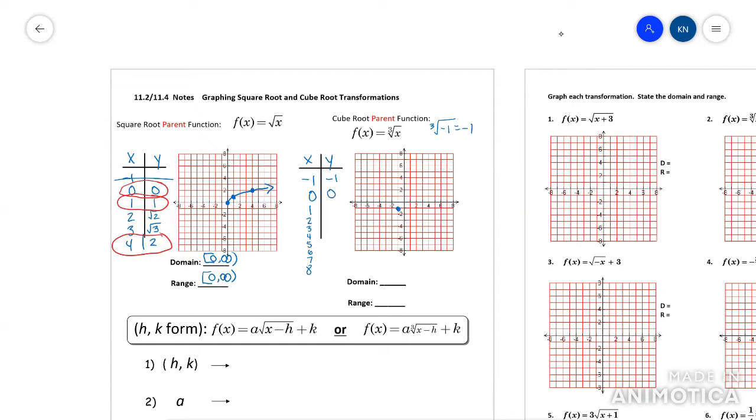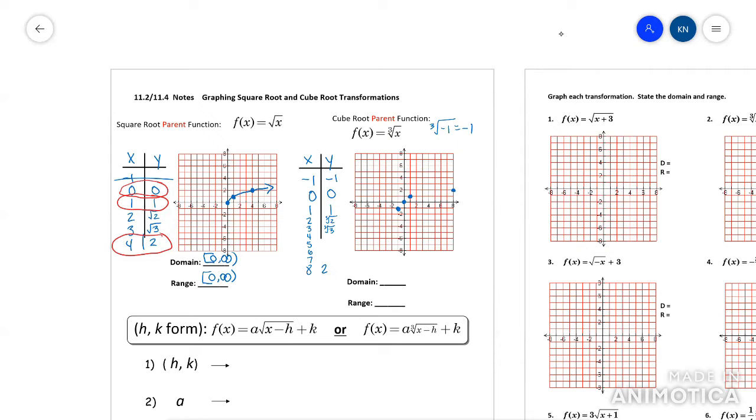If you plug in 0, you'll get 0. 1, you'll get 1. And then all of these, you'll get like cube root 2, cube root 3, all the way till you get to 8. When you get to 8, you'll get cube root of 8, which is 2. So 8, 2 is like here.